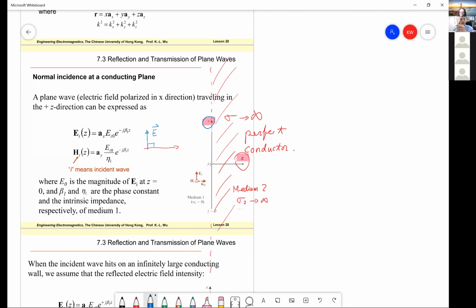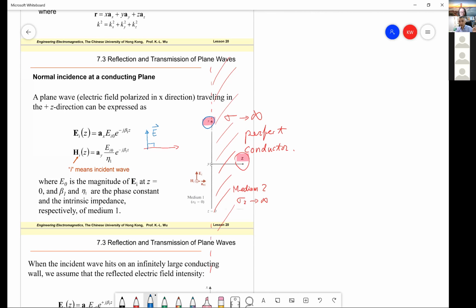Because this wall is infinitely large, it doesn't matter what direction I call x.